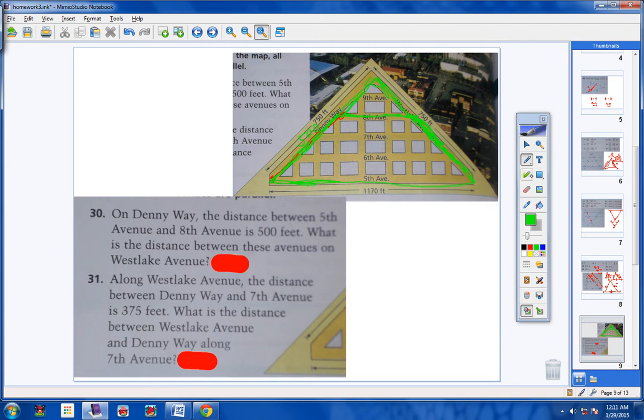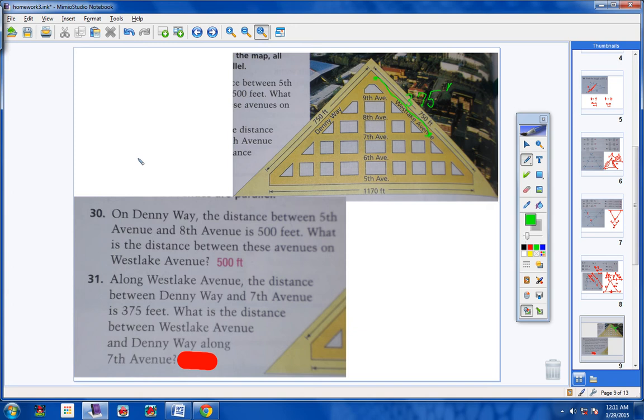Okay, now the next one's a little more challenging, and we'll see if we can't figure this next one out. Okay, here it is. Along West Lake, so here's West Lake, between Denny and 7th Avenue, so here's Denny and here's 7th right here, is 375 feet. So the distance from here to 7th here is 375 feet, okay?